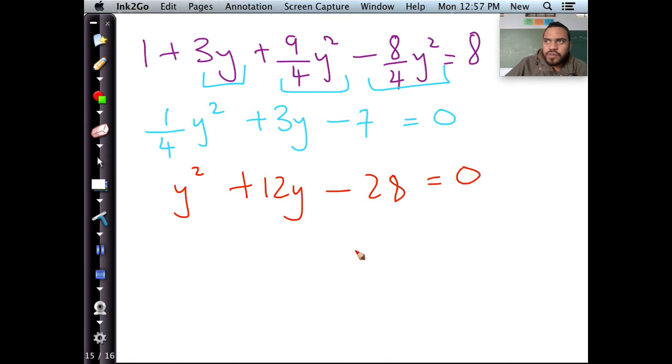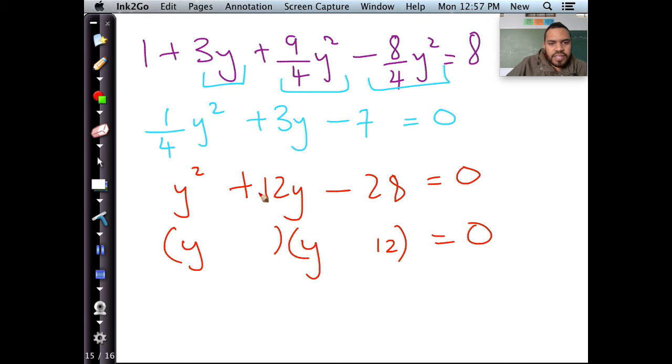What are the factors of 28? 1 and 28, 2 and 14. So 14 minus 2 gives me 12. So that's my factors there. The bigger number is going to be positive, and the other is going to be negative.